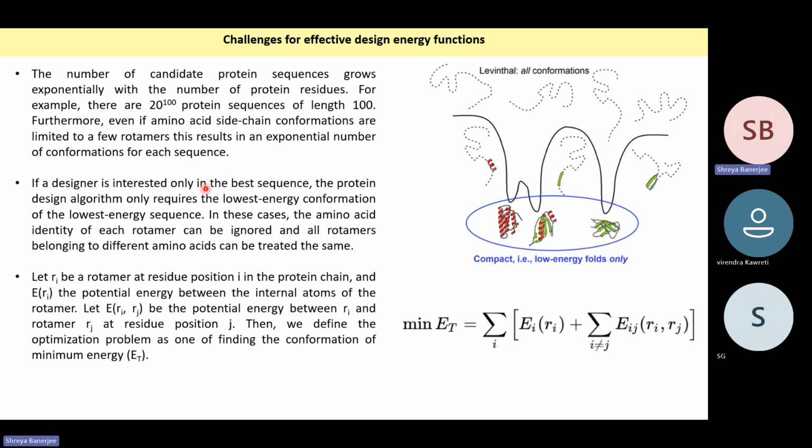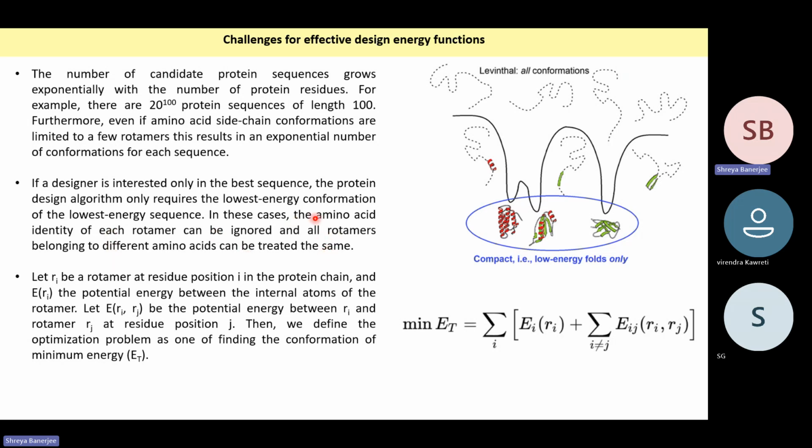A designer is only interested in the best sequence. So the protein design algorithm only requires the lowest energy conformation of the lowest energy sequence. In these cases, the amino acid identity of each rotamer can be ignored, and all rotamers belonging to different amino acids can be treated the same.